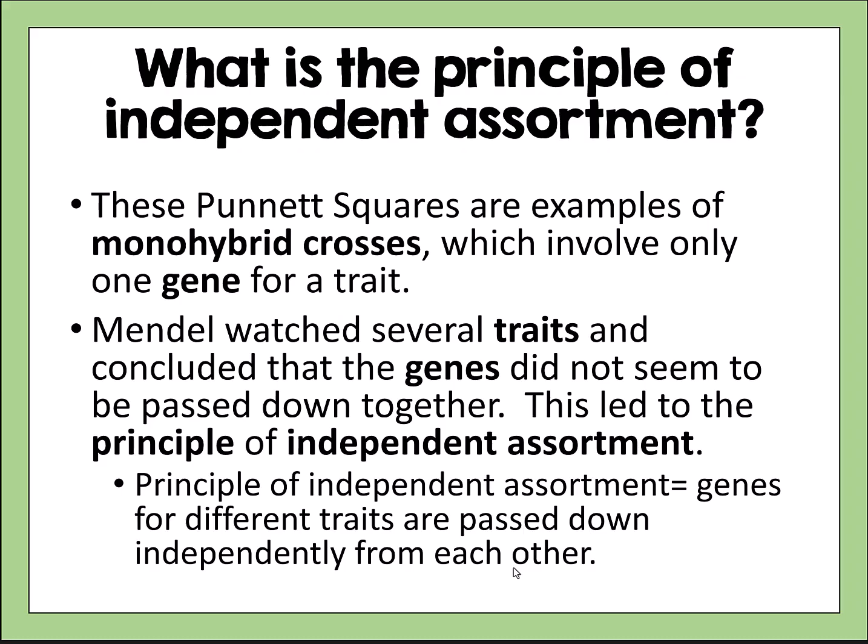So, in other words, his data was not showing that purple flowered pea plants always had green pods, but that these genes were being passed down separately. And so this led him to predict the principle of independent assortment, that these genes were being transferred from parent to offspring separately. They were not traveling together. The principle of independent assortment says that genes for different traits are passed down independently from each other.